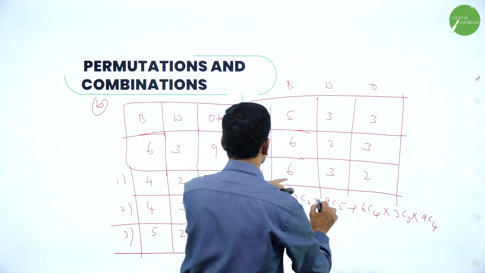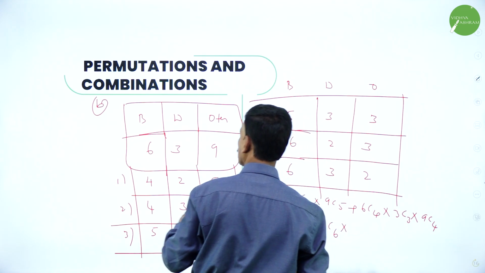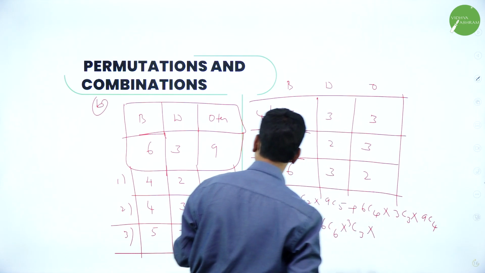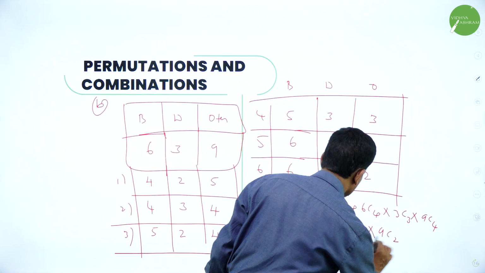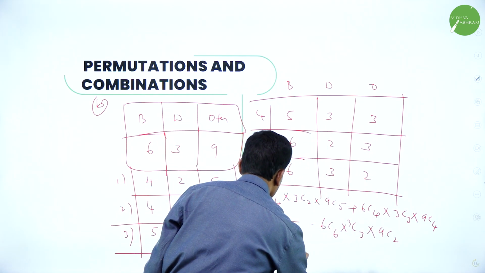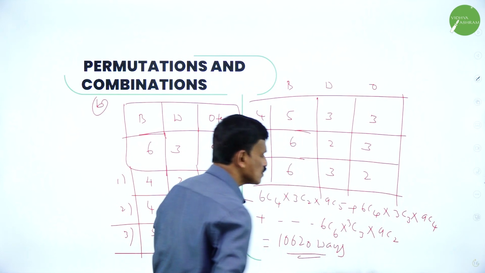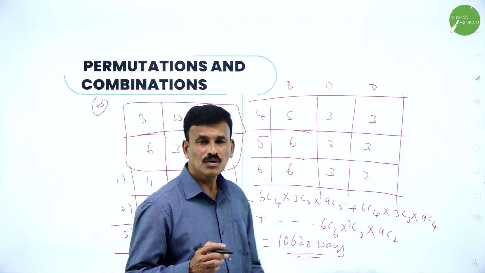The last one is 6C6 into 3C3 into 9C2. Simplify this, and the final answer we are going to get is 10620 ways. That's it.